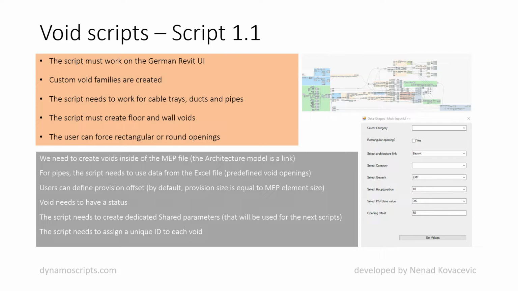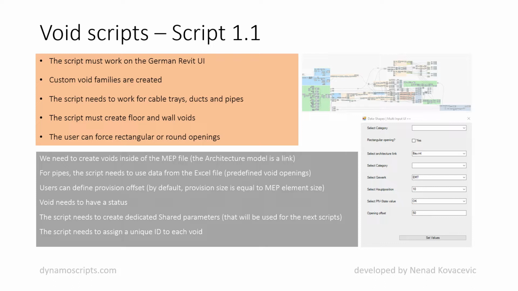So over here we can see a list of requirements. So at first the script must work in the German user interface for the Revit. When you are using German user interface inside the Revit, all the category names are different, all parameter names are different, and also the customer have dedicated custom parameters.